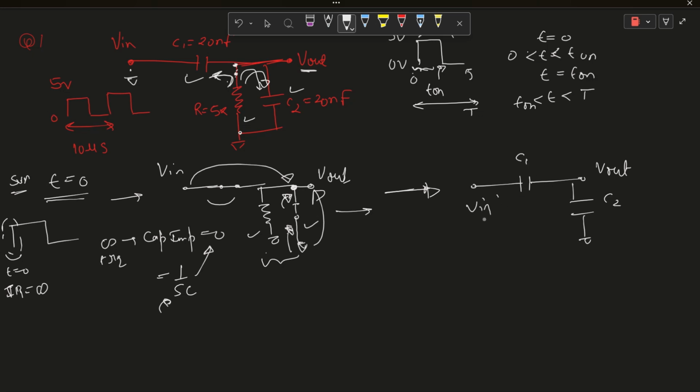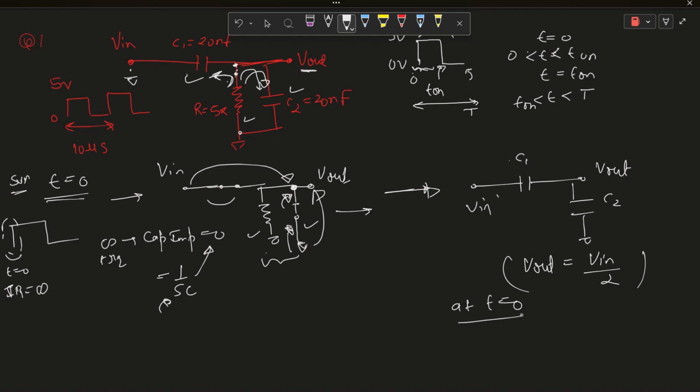C1 and C2 are both equal, so the input voltage is divided by half. So V out becomes V in by 2.